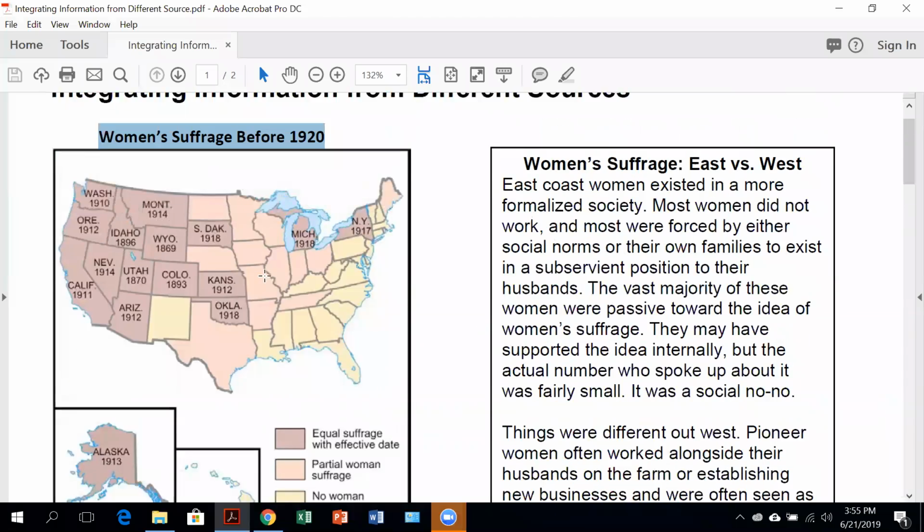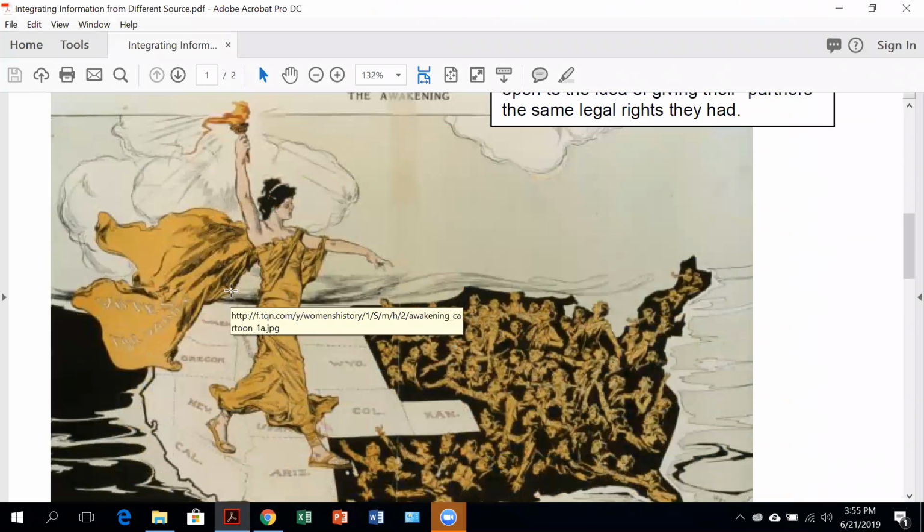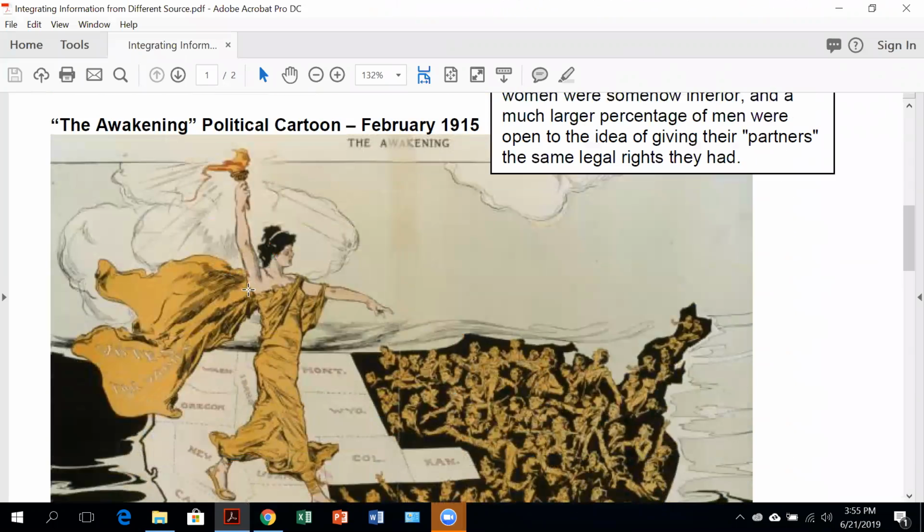So we noticed on the map that a lot of these far western states had suffrage before 1915. So we're seeing a symbol here. And this looks to me like the Statue of Liberty, Lady Liberty. She's holding her torch and she's pointing.